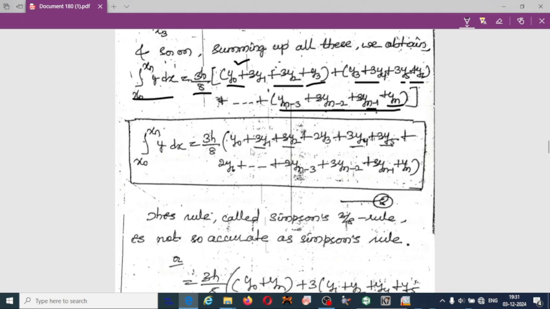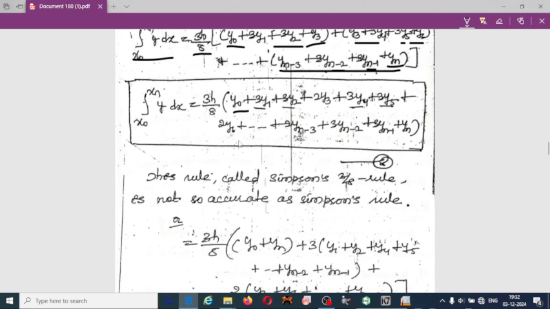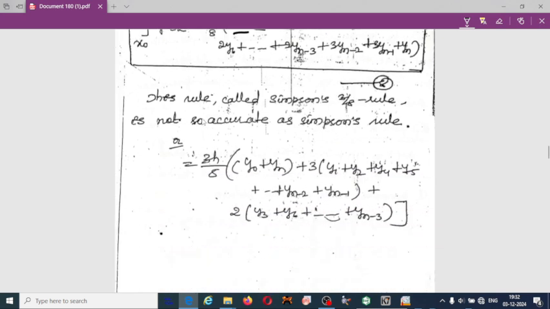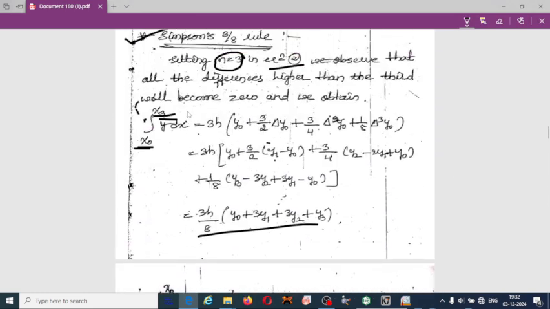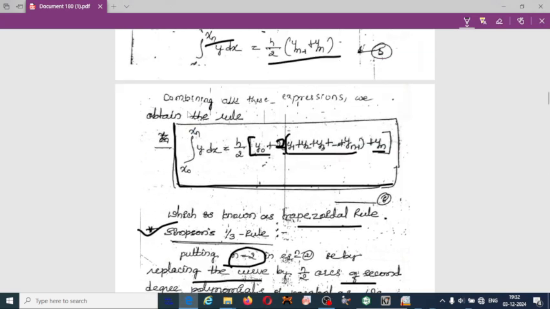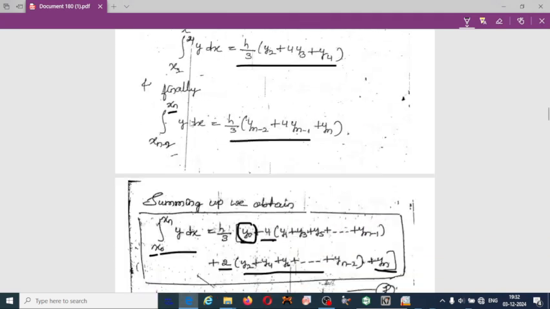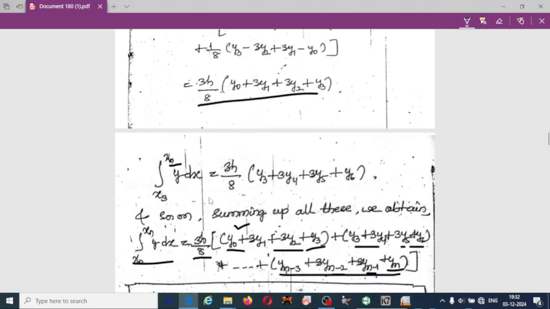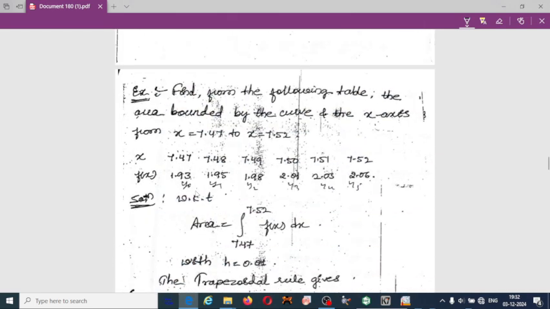If you simplify these brackets, then you will have y0 plus 3y1, and if you take these terms outside the bracket, you can write it again, and you will get the final equation. This is the 3h by 8 rule. Once you know how exactly these methods arise from the general equation of numerical integration, then you can solve the given problem in the exam.